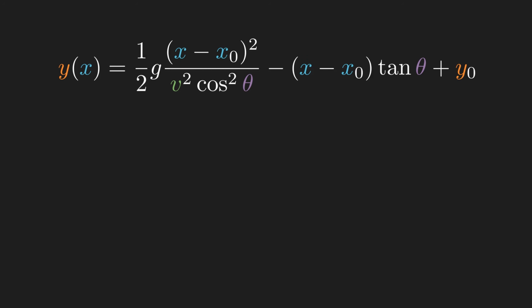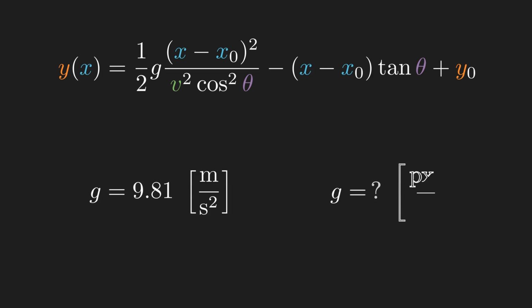Well, any good physicist or engineer will tell you that it's 9.81 here on Earth. But who says that gravity in the game is the same as it is on Earth? And even if it is, 9.81 refers to meters per second squared. But in terms of the game, it would make much more sense to work in pixels per second squared or pixels per frame squared.